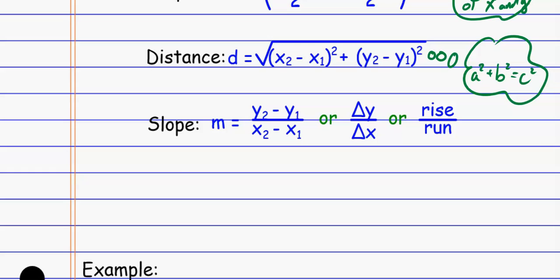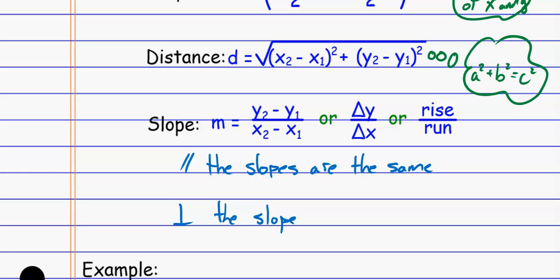If we have parallel lines, remember the slopes are the same. And if we have perpendicular lines, the slopes would be opposite reciprocals.